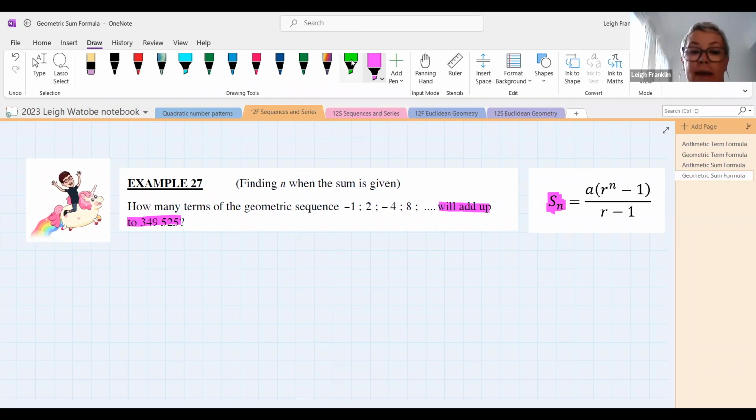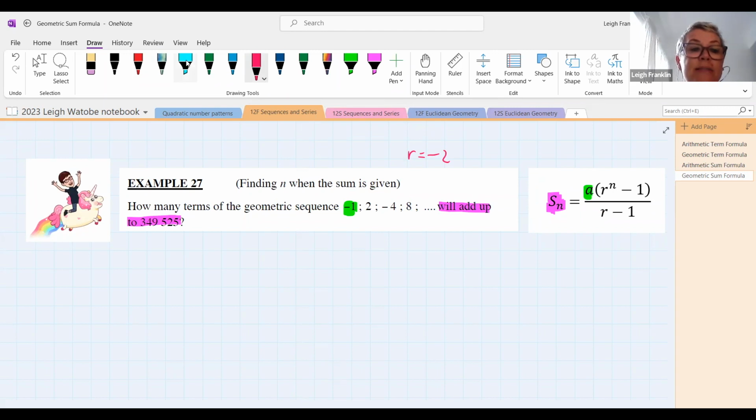We know what a is. We see that a is equal to -1. We can also work out r very easily by dividing a subsequent term by the prior term. So 2 divided by -1 is the same as -4 divided by 2. Our answer would be -2. So r is equal to -2.